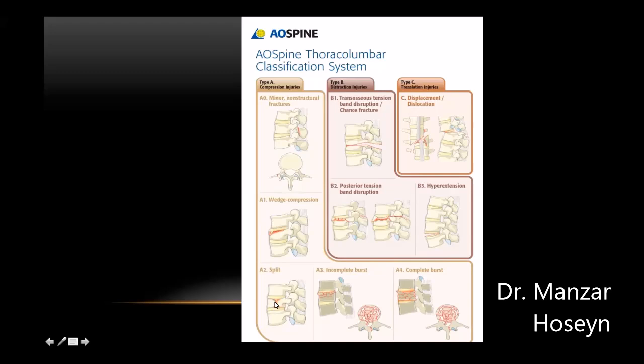It's the anterior part that is gone, and it's a vertical split. So you see it better on a coronal image rather than a sagittal image. It's a coronal fracture where you see a coronal split from top to bottom. The anterior part of the vertebral body is separated from the posterior part, but the posterior cortex of the vertebral body is intact. So this is the A2 fracture. It's called a pincer fracture.